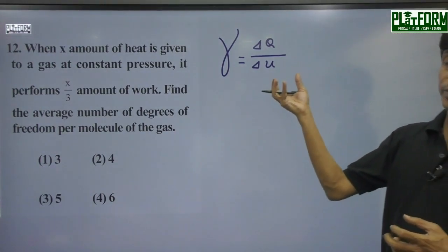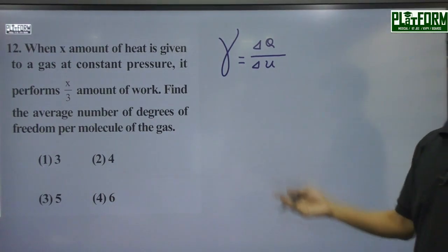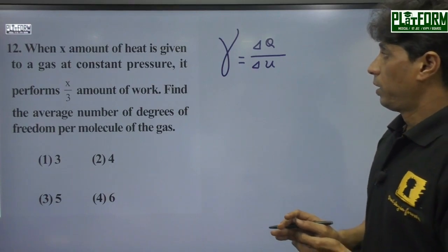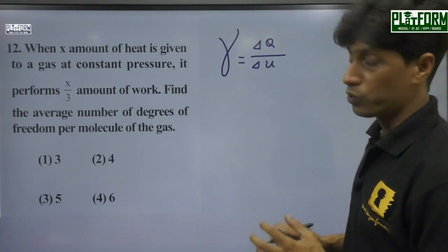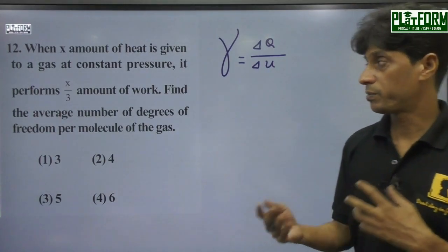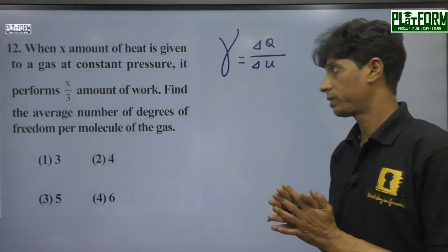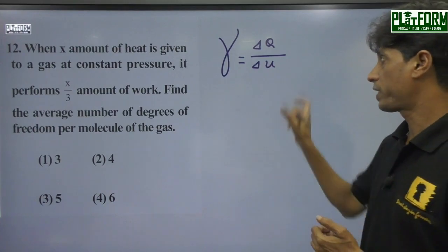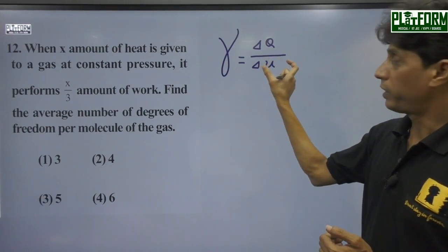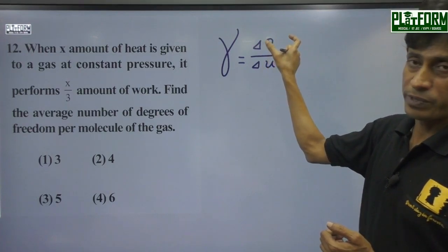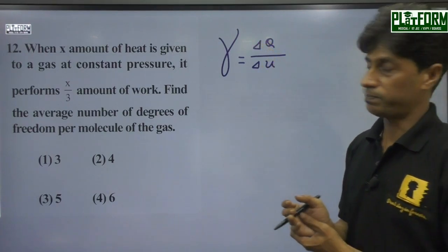Don't just say gamma is equal to Cp by Cv. Cp by Cv is the value of gamma, but by the definition we have to write the ratio of amount of heat supplied and change in internal energy.